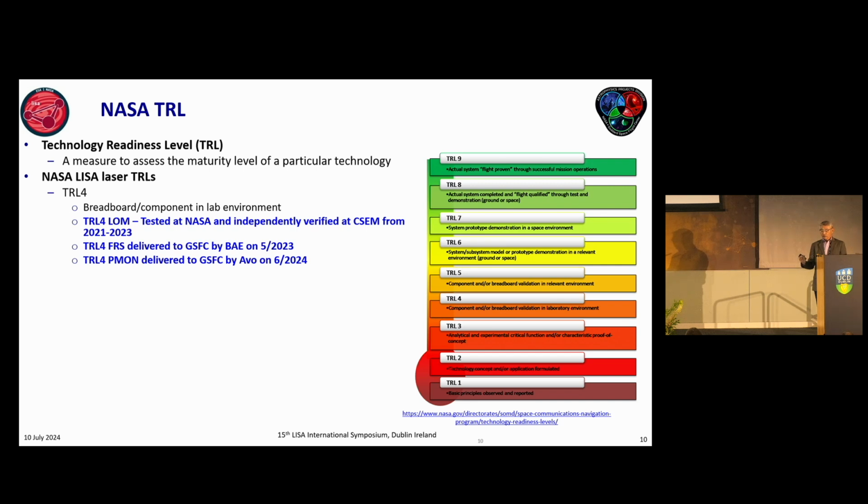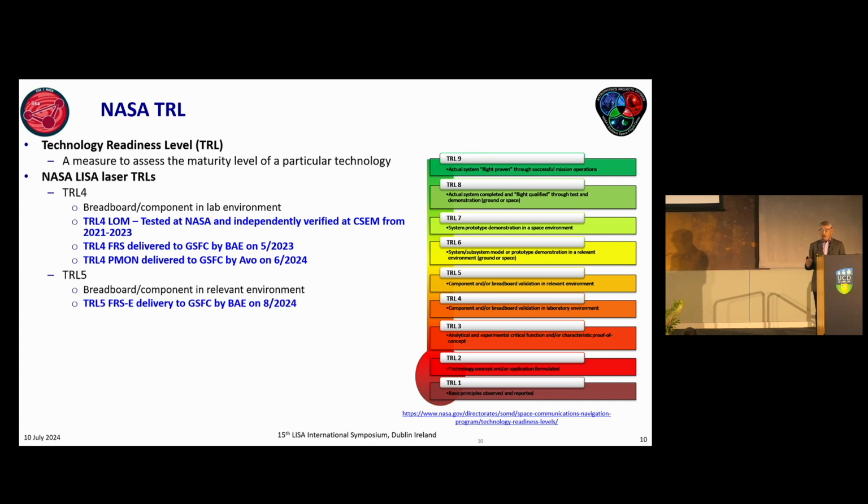And we learned a lot from that. And the TRL4 FRS is a GSE that was delivered by BAE last May. And we're also working on a TRL4 PMON that was delivered to GSFC by Arbor Photonics just a few months ago.